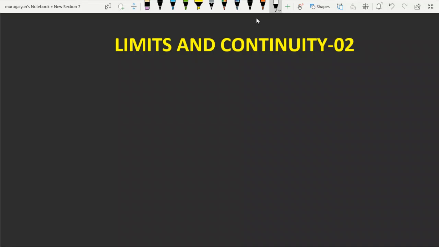tan x. The infinite series of tan x: first term x, second term x cube by 3, and third term 2 by 15 x power 5, plus keep going.